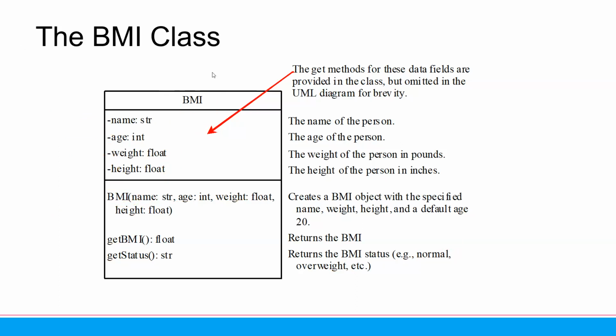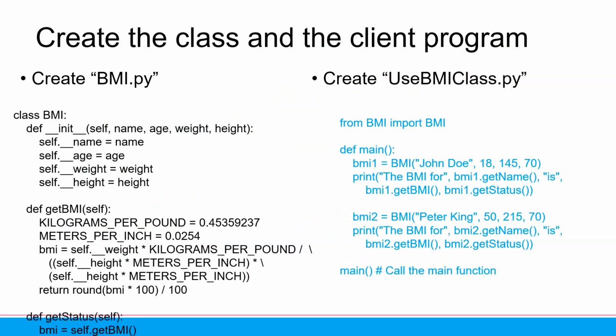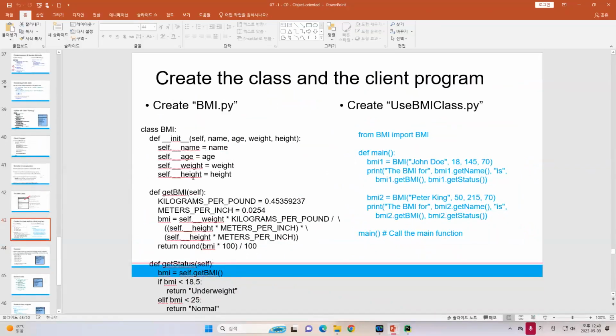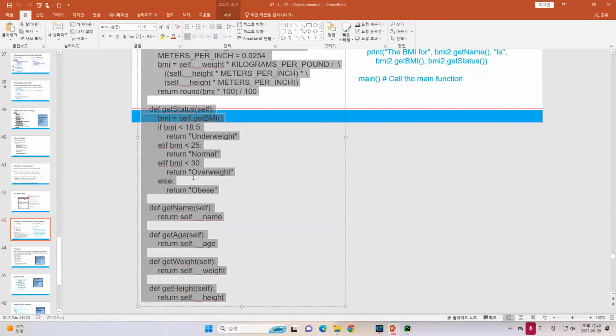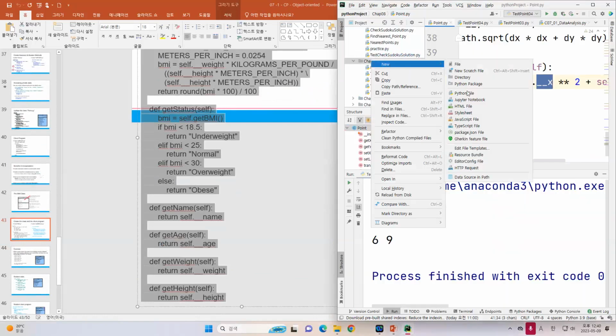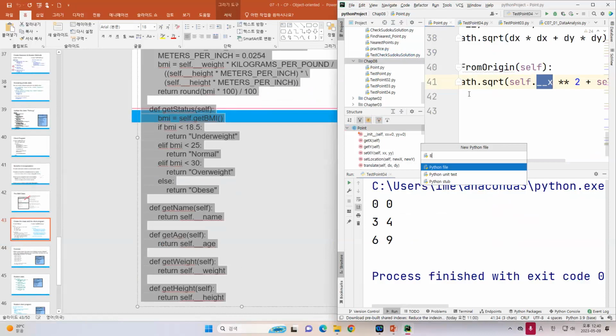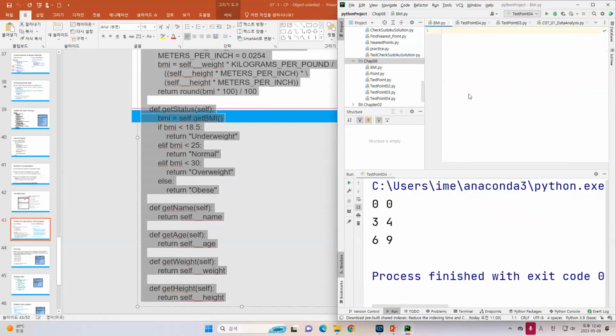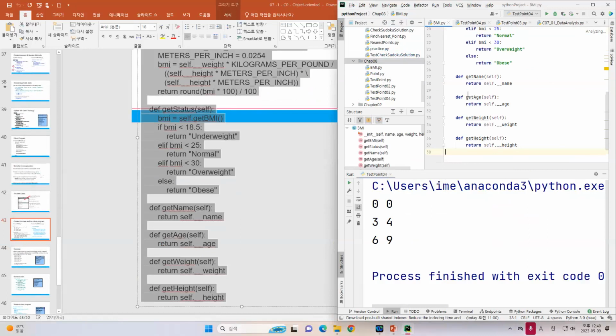Okay, how can I make this class? So I give you the code. For this one, let's just copy and paste. I will copy this one and let me make a new class. I make a new Python file, BMI, and then I paste this one.